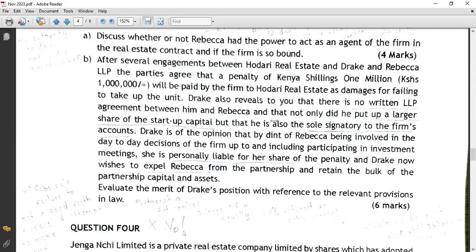So interpret the question. Evaluate the merit of Drake's position with reference to the relevant provisions in law.